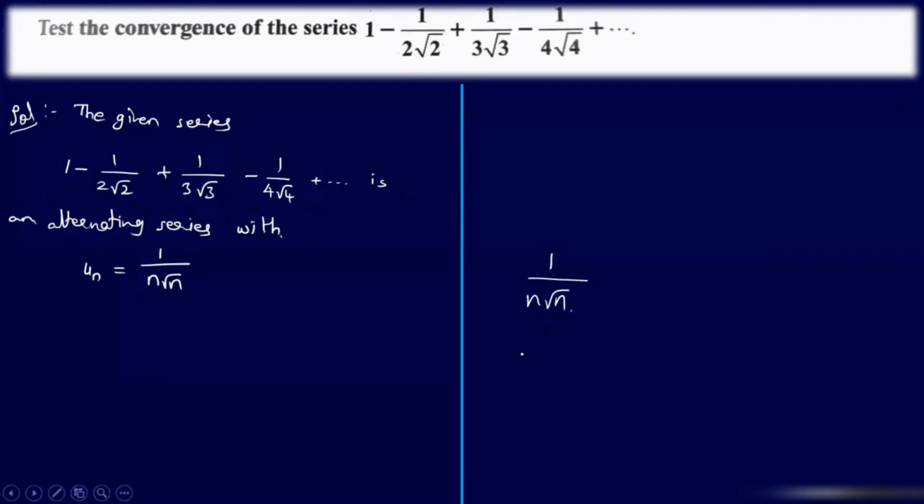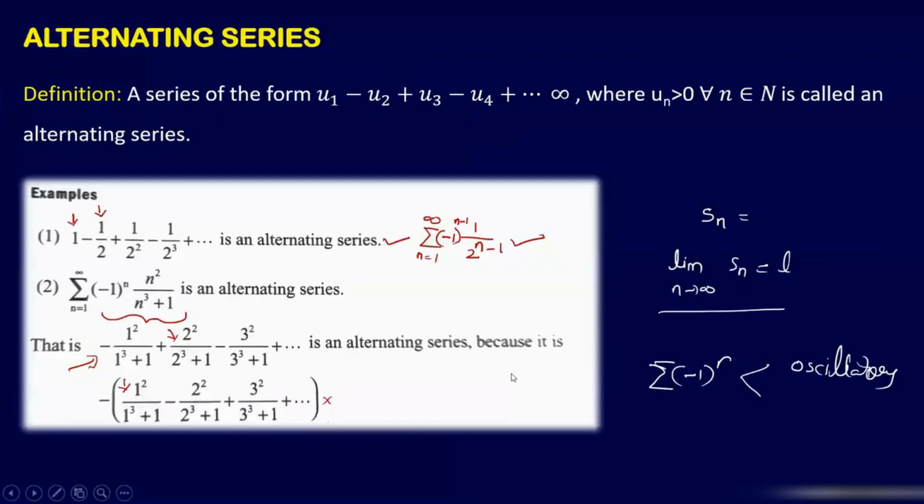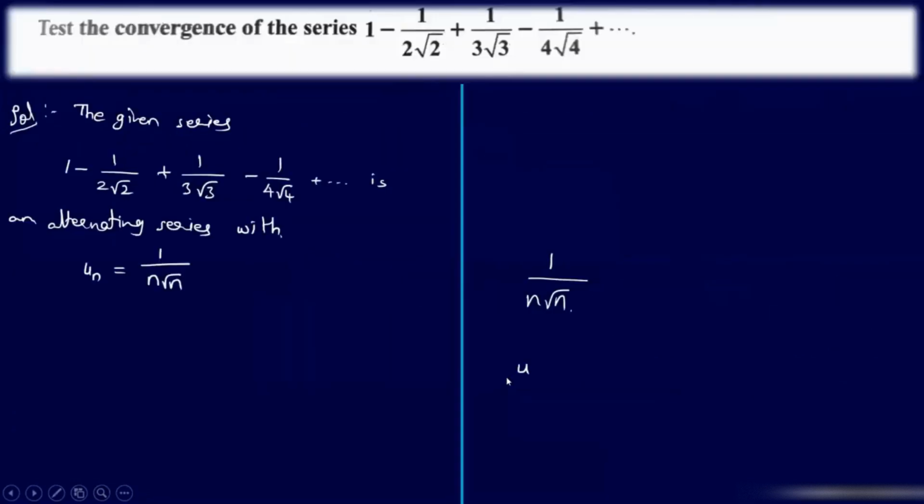Now see, when you are given an alternating series to follow the Leibniz test, what conditions do we need to verify? The first condition is it must be a decreasing series, isn't it? It means un plus 1 must be less than or equal to un. So we are just trying to compare these two. When un is this much, we can easily understand what un plus 1 is.